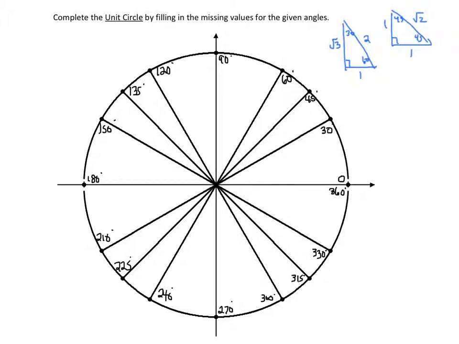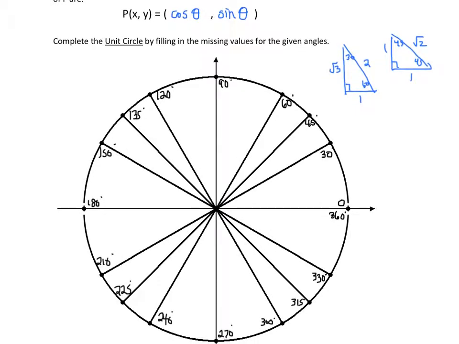Okay, so what we said was the coordinates of each point around the circle will correspond with the sine and cosine values of the angle in question. So, in other words, looking right here from your note, the coordinate of each point. We'll find the x-coordinate by finding cosine theta and the y-coordinate by finding sine theta.